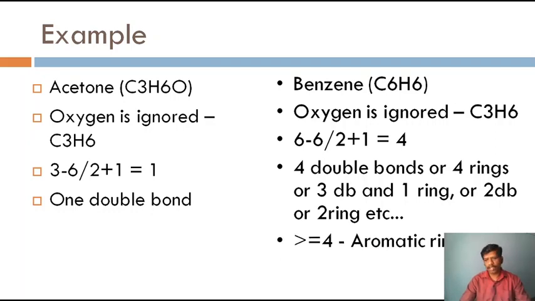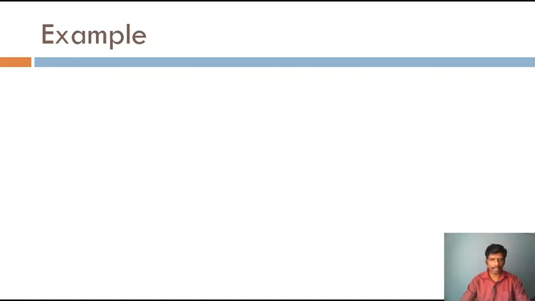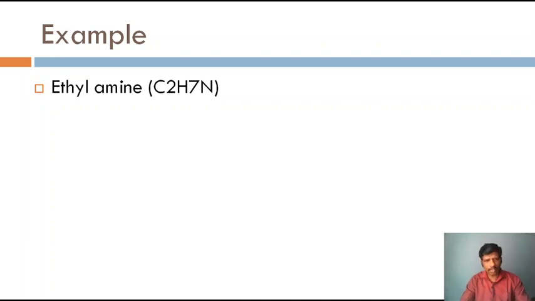Okay. And therefore, whenever you get a double bond equivalent that is greater than or equal to 4, you can think of a benzene ring, that you can make a guess out of that. Then we shall see another example with nitrogen. Let us take a simple example, that is ethylamine, in which nitrogen is present, and therefore what we have said, when nitrogen is present, you have to remove N and also one more hydrogen, NH.